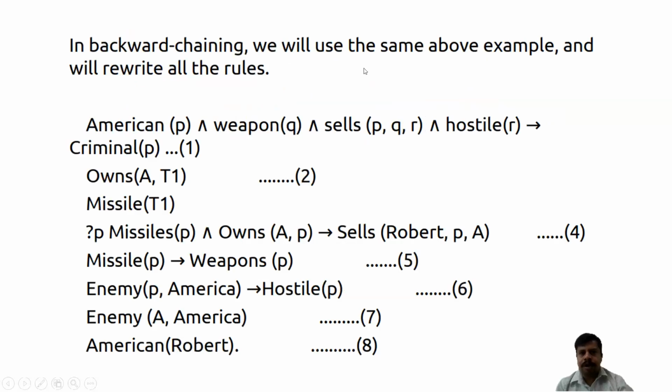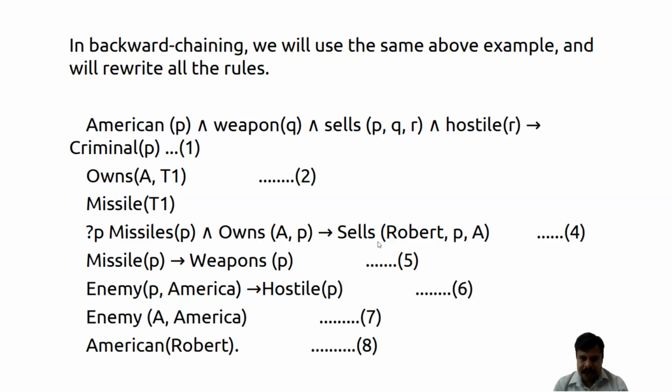In backward chaining, we will use the same example but rewrite all the rules. That is, we are starting from the goal and continuing backwards. So here, what is the goal? American P, weapon Q, sells P Q R, hostile R, criminal P. Who owns the missiles? Who sells?